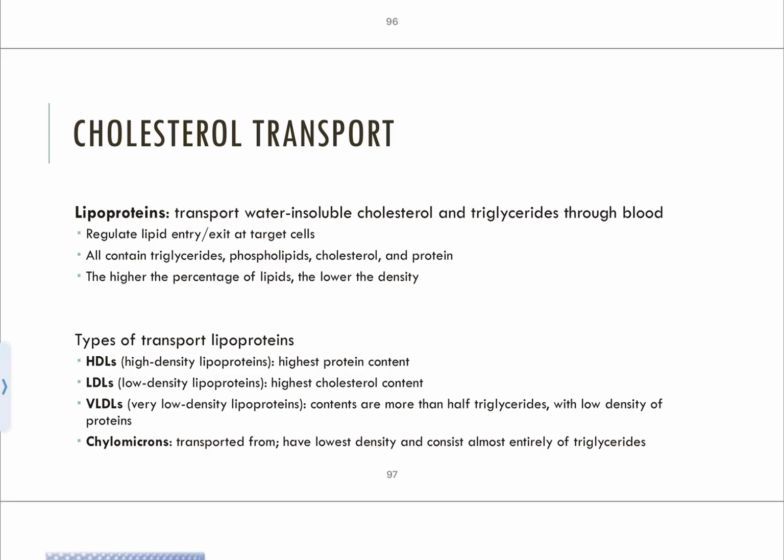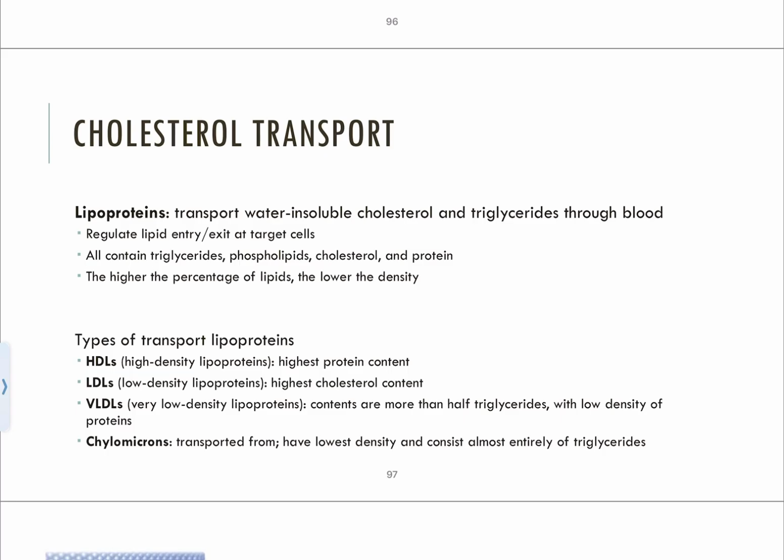When we're talking about lipoproteins, they do vary in the fat to protein composition, but they all contain triglycerides, phospholipids, and cholesterol in addition to protein. In general, the higher the amount of lipid in the lipoprotein, the lower the density, and the greater the proportion of protein, the higher the density.